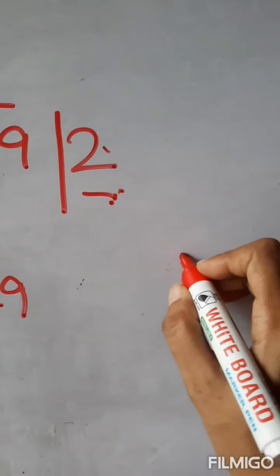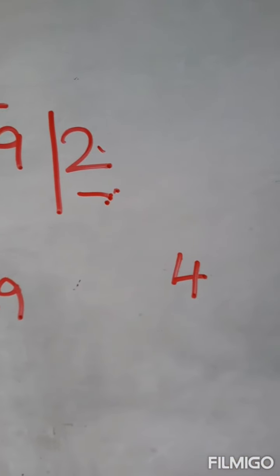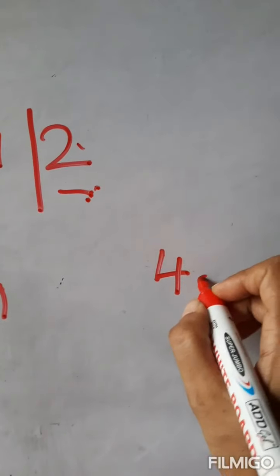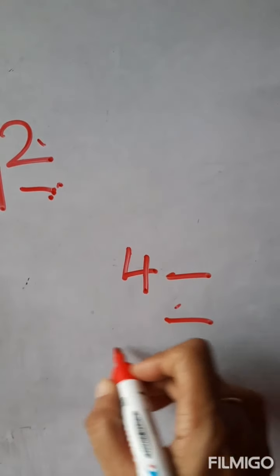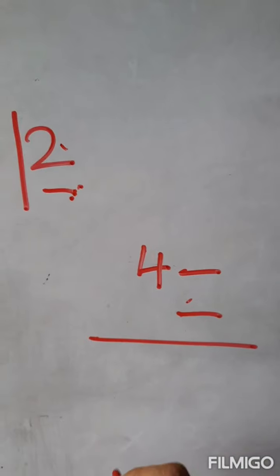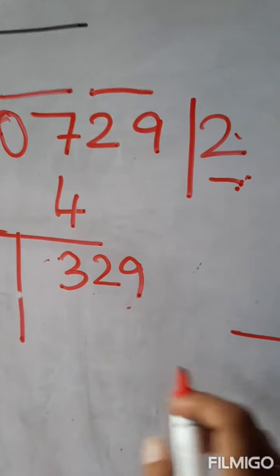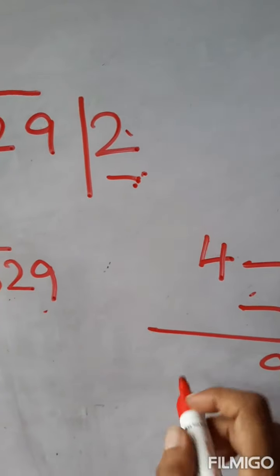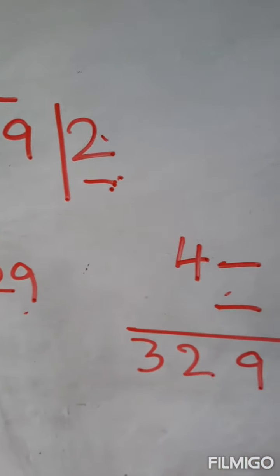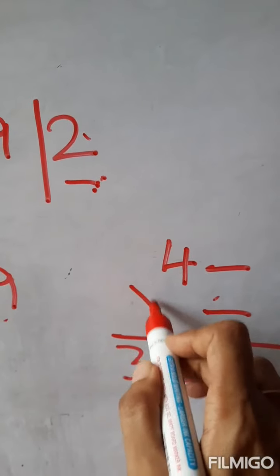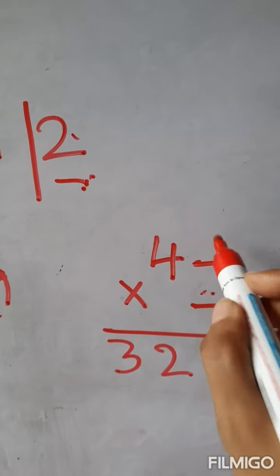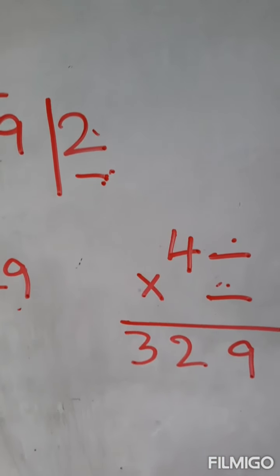Now the last step is a very interesting step. We have to think of a square number which will end with 9. As we get 329, we will try to find a number which, when multiplied with the same number, gives 9.